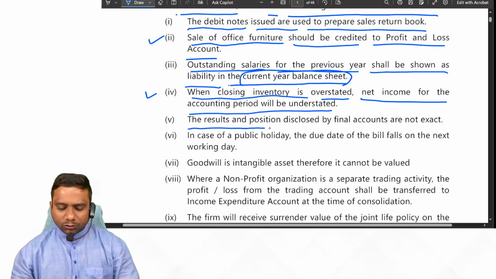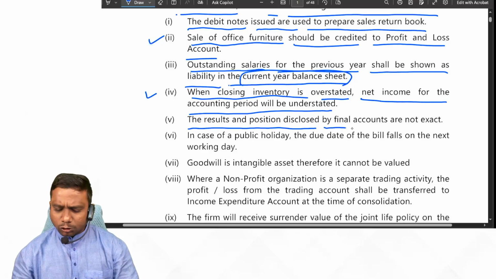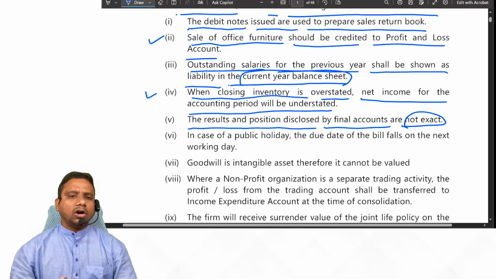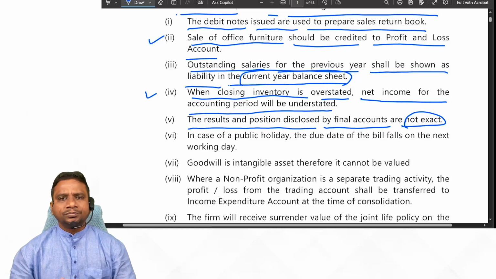The result and the position disclosed by final accounts are not exact. Result means whether profit or loss. Position means financial position. Yes, because we follow different concepts, conventions, principles while preparing accounting standards, and also while preparing these financial statements.